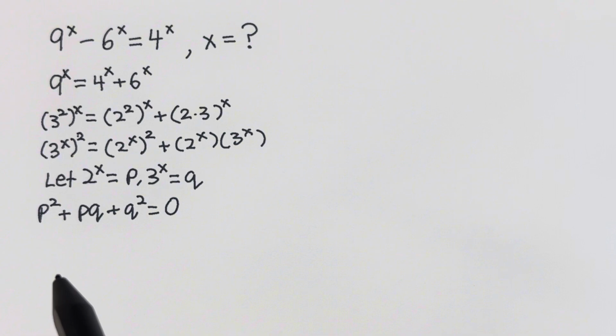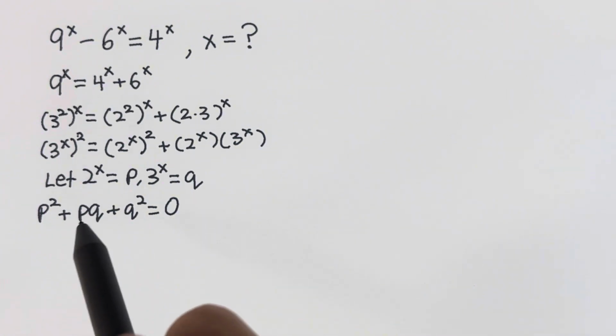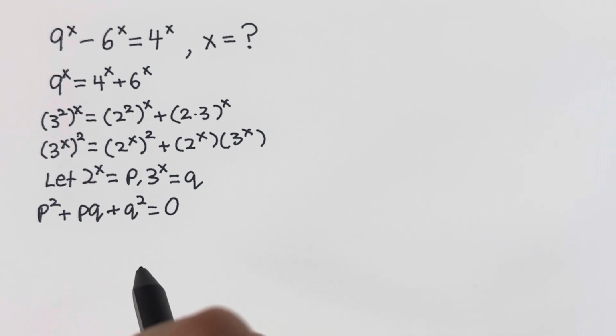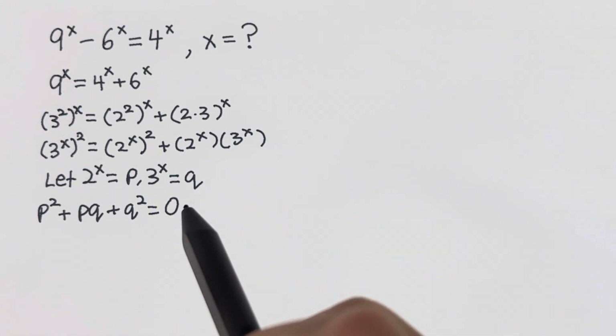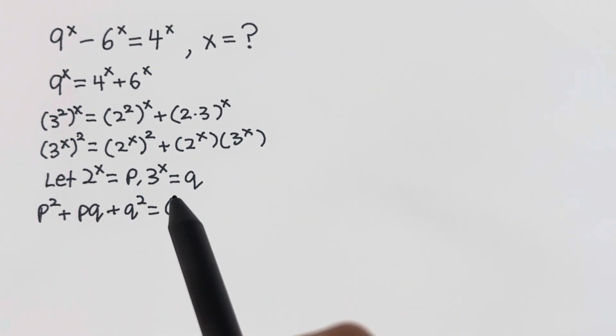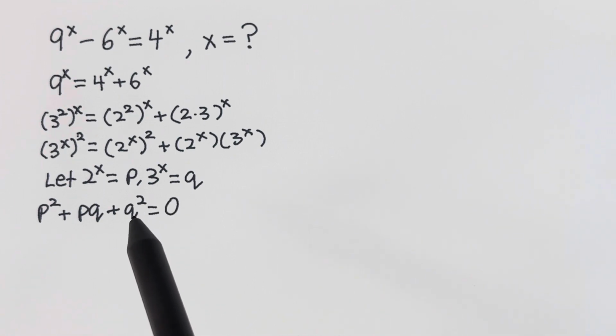So once again, we can divide these by one of the terms, p squared or q squared. But before we can divide, we need to prove that they aren't equal to 0.